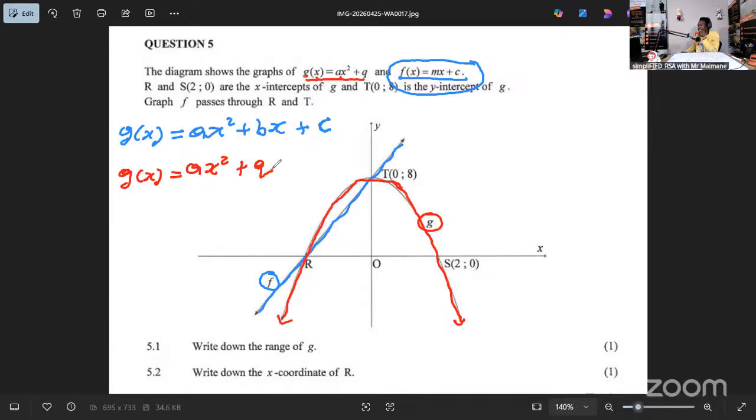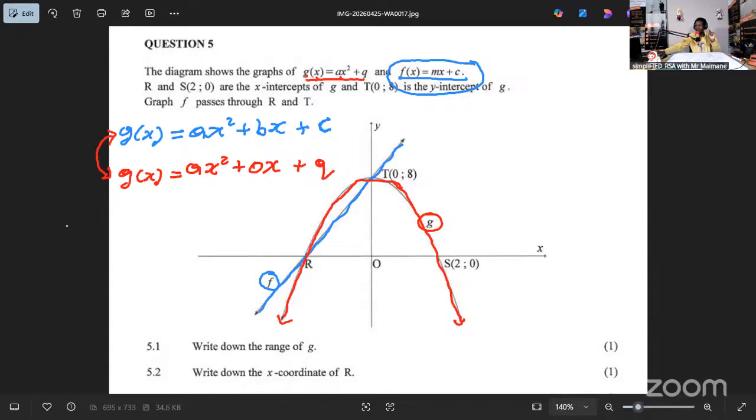The reason it looks like we can't compare this with that is that the value of b here is 0, such that if we were to write it perfectly to make it similar, it was supposed to be ax squared plus 0x plus q.